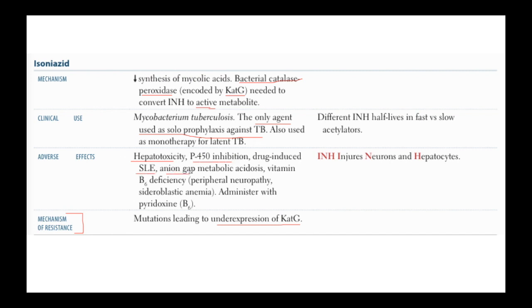Also note the anion gap metabolic acidosis, as well as a vitamin B6 deficiency, which will cause, like you said, peripheral neuropathy and sideroblastic anemia. So you want to administer with B6 to help prevent that. And fun little line to help you remember, INH injures neurons and hepatocytes. So that's there.